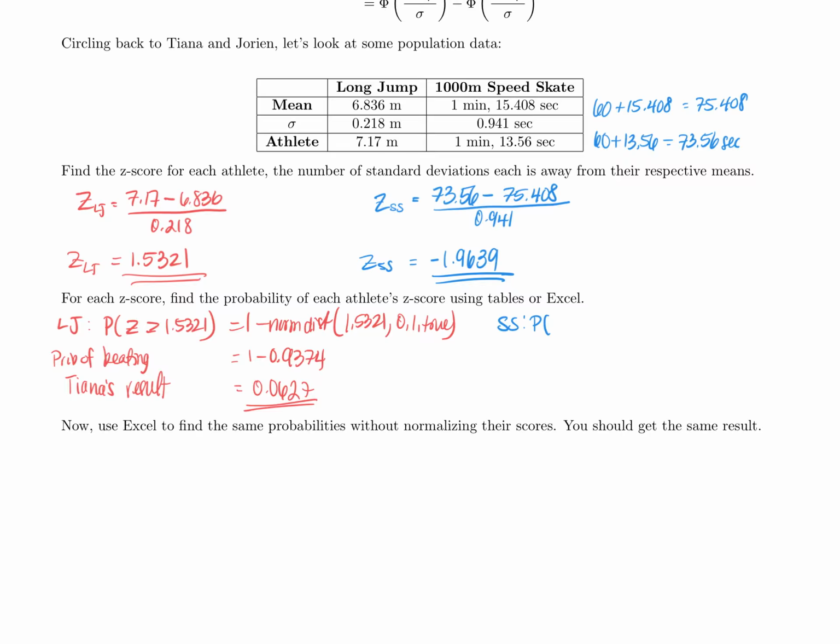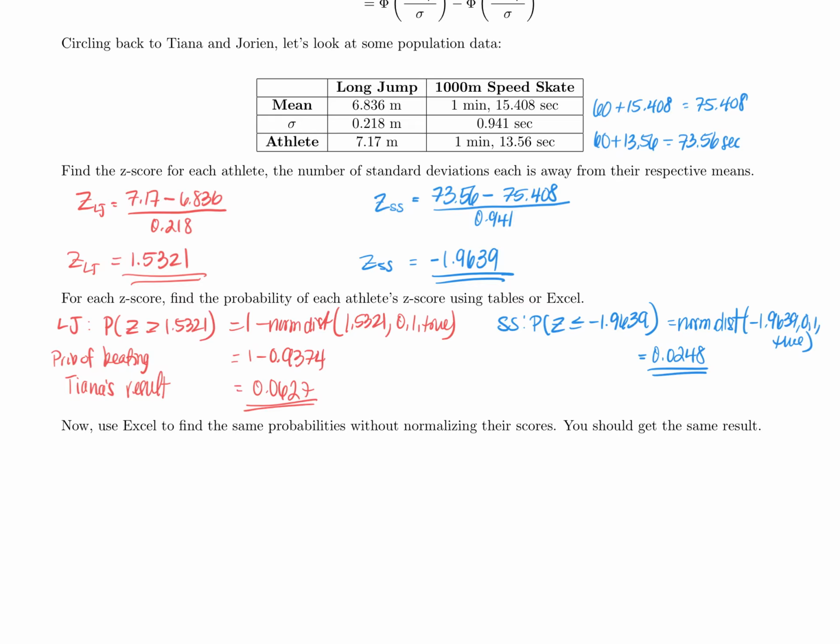So for a speed skater, we want the probability of someone getting a z-score less than or equal to negative 1.9639, which means they are doing it even faster than Yorian. So this would just be NORM.DIST of negative 1.9639, 0, 1, true, which gets us a 0.0248 probability, meaning there's only a 2.5% chance that someone could speed skate faster than Yorian.